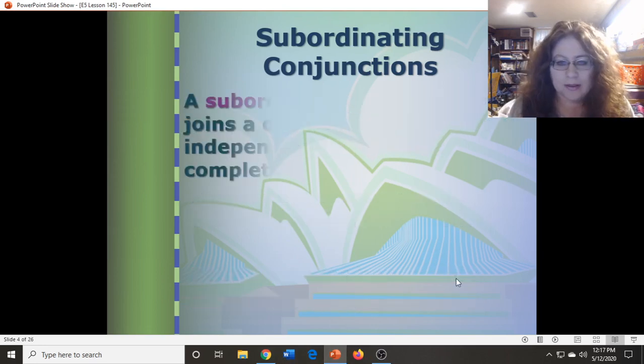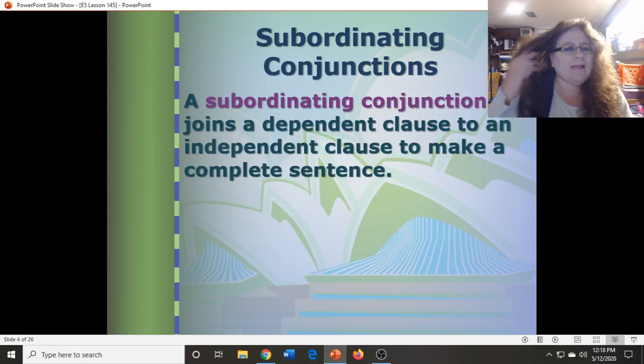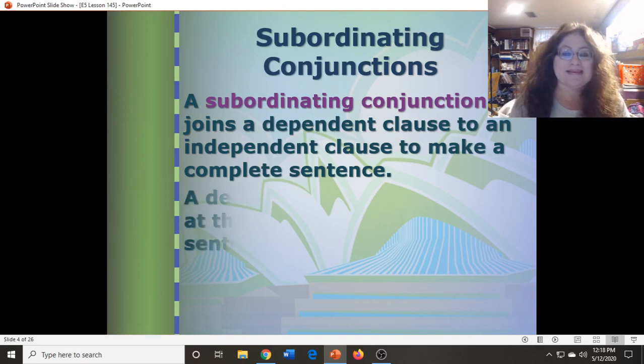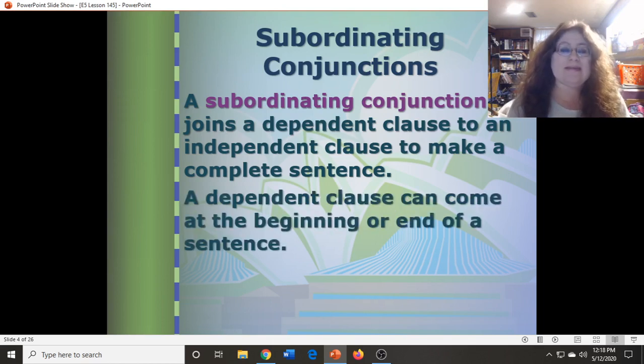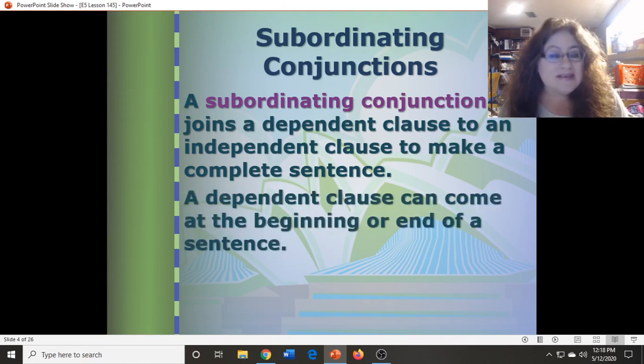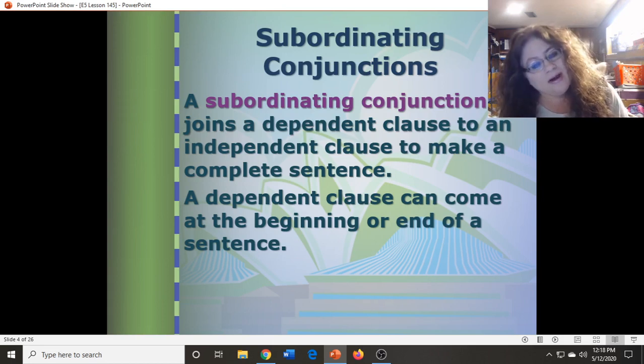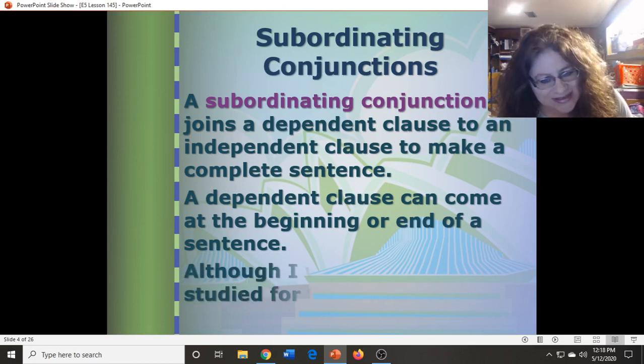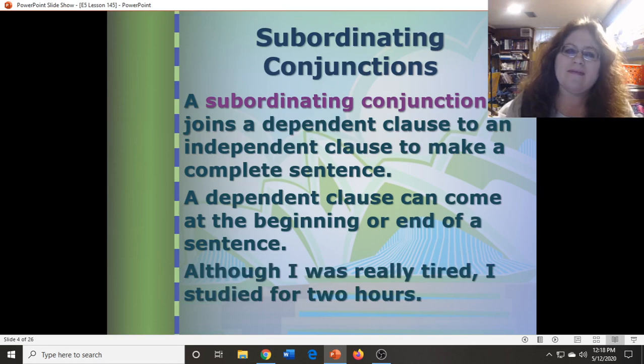Okay. A subordinating conjunction joins a dependent clause to an independent clause to form a complete sentence. A dependent clause can come first in the sentence, or it can come at the end of the sentence. Here's an example of a dependent clause that comes first in a sentence.